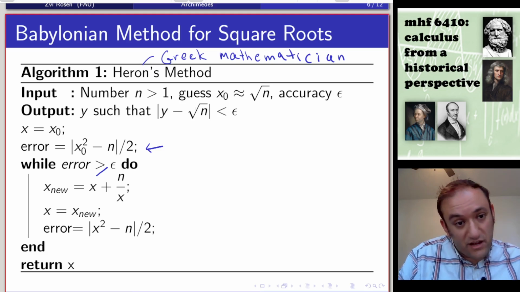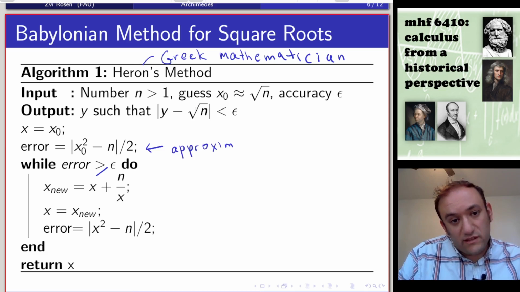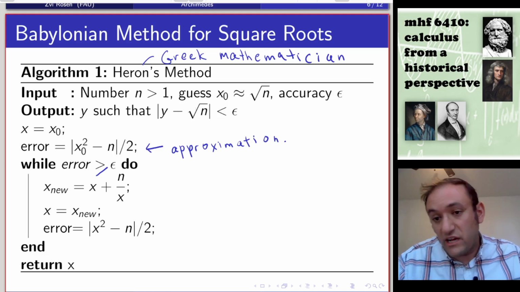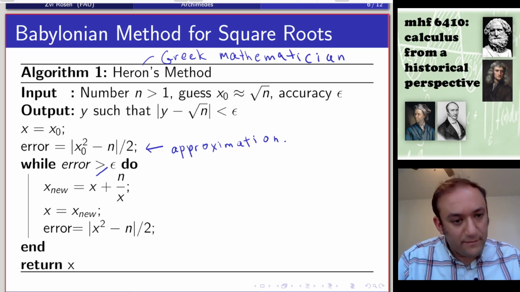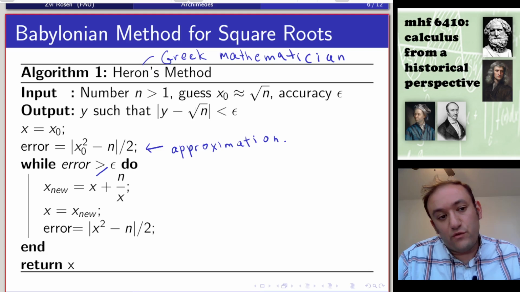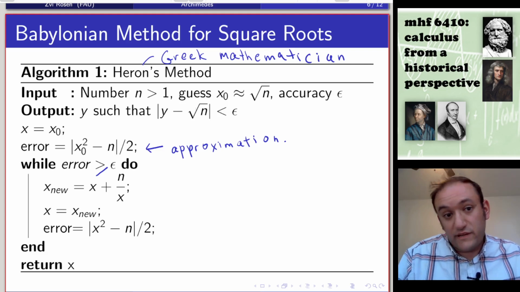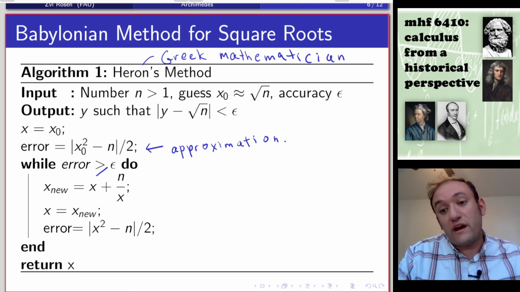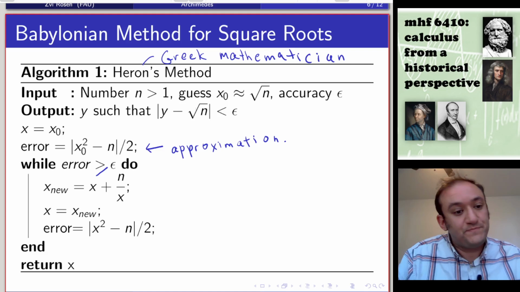You can show that this is quite close in general. It's an upper bound, meaning if the approximation of the error is less than epsilon, then the true error will be even less than that.